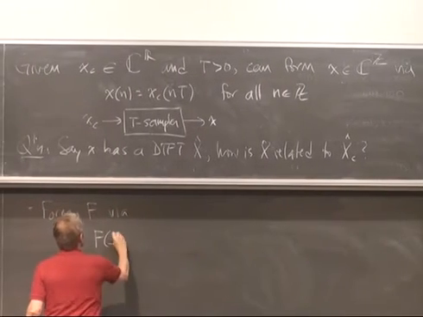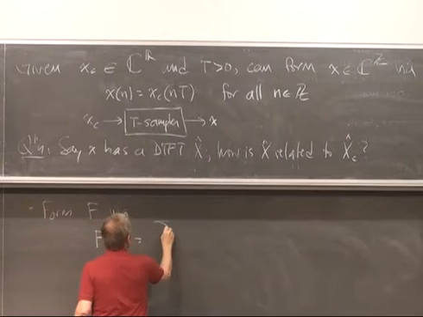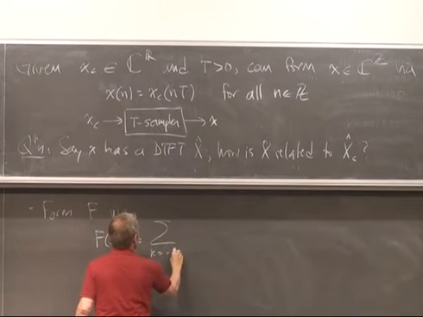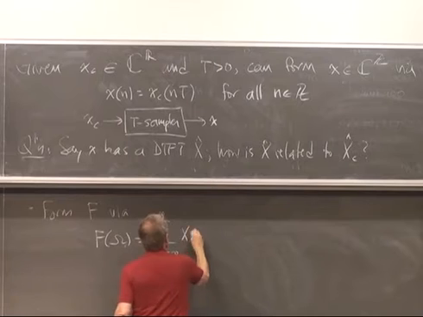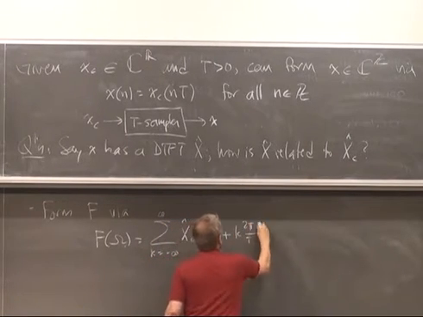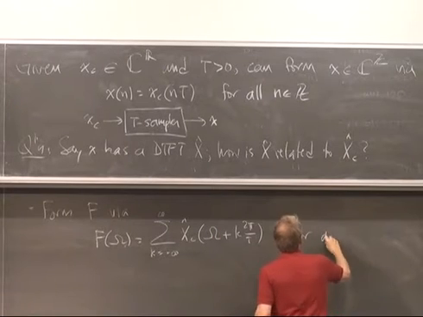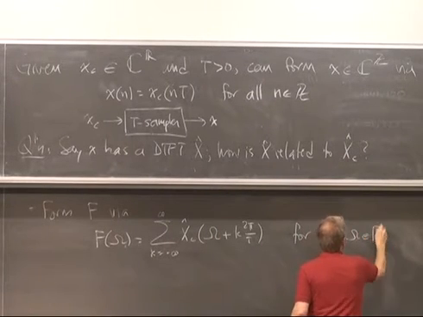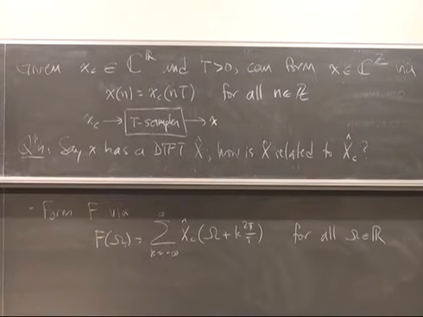F of omega is equal to the sum from k equals minus infinity to infinity of x sub c hat of capital omega plus k 2 pi over T for all omega in the reals. So what you do is you take the continuous time Fourier transform of the continuous time signal x sub c, you look at all of its translates by 2 pi over T, integer multiples thereof, and you add those all together.